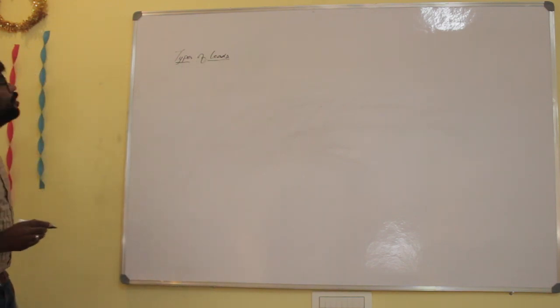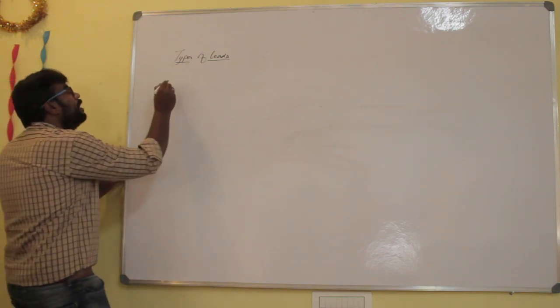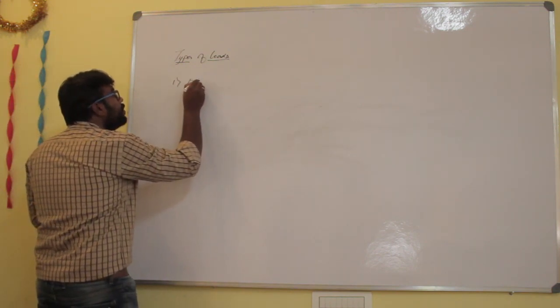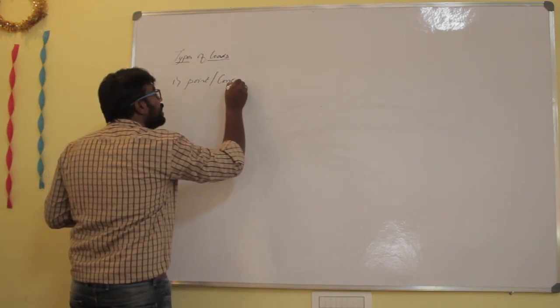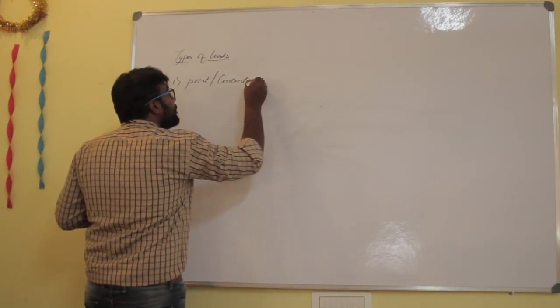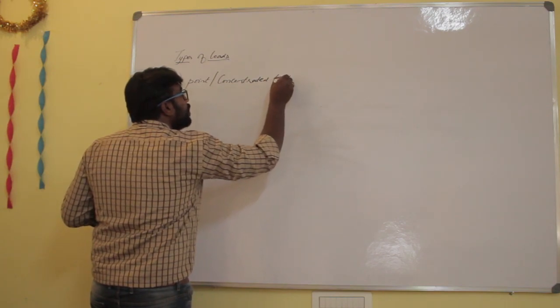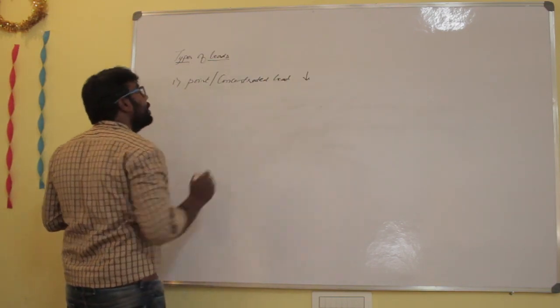So here we have 4 types of load. One is a point load, also called a concentrated load, represented like this.